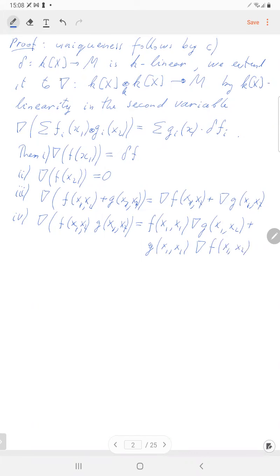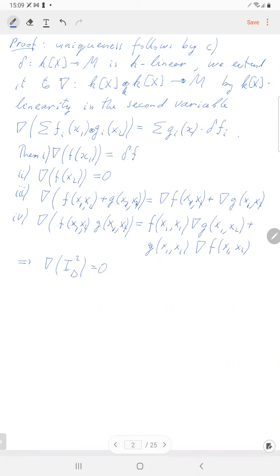Now nabla satisfies all the basic properties the same as the de Rham differential, and with the same consequences. In particular, it implies that nabla of the square of the diagonal ideal is 0, and hence.